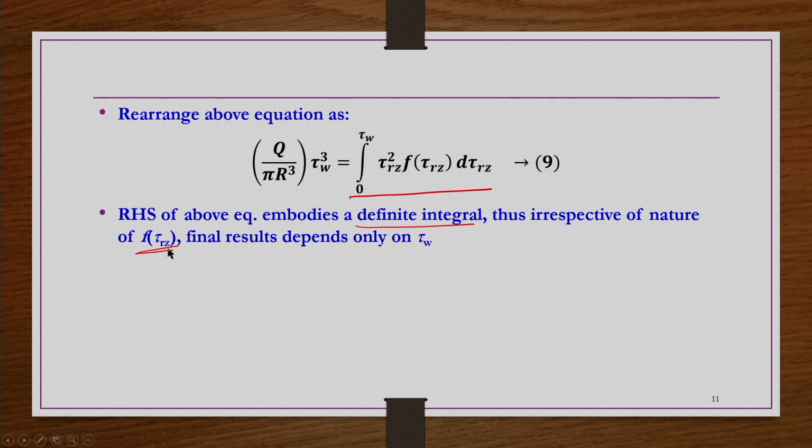That means irrespective of the nature of the fluid, whether it is shear thinning, shear thickening or viscoplastic, the final result is going to depend only on tau W, obviously, because 0 and tau W are the lower and upper limits for this integration.